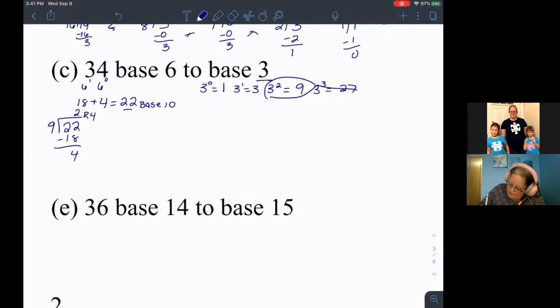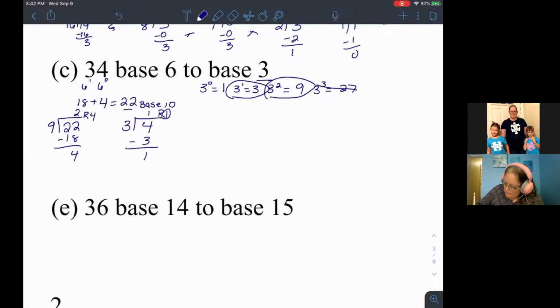Then we're going to take the 3 over here and do 4 divided by 3. 4 divided by 3 is 1, which gives us 3, remainder 1. So our first number is 2, second number is 1.